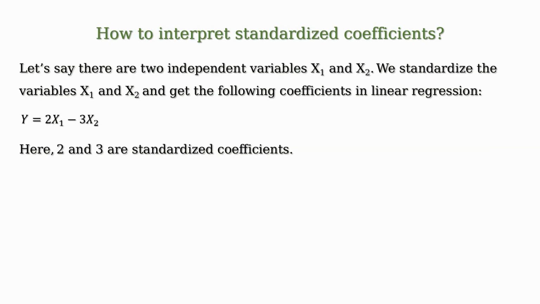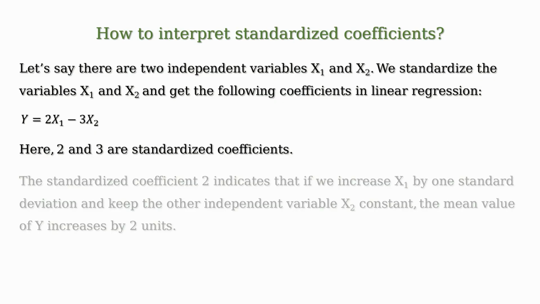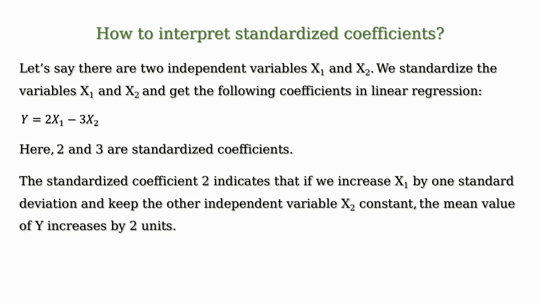Here, the standardized coefficient 2 indicates that if we increase x1 by 1 standard deviation and keep the other independent variable x2 constant, the mean value of y increases by 2 units.